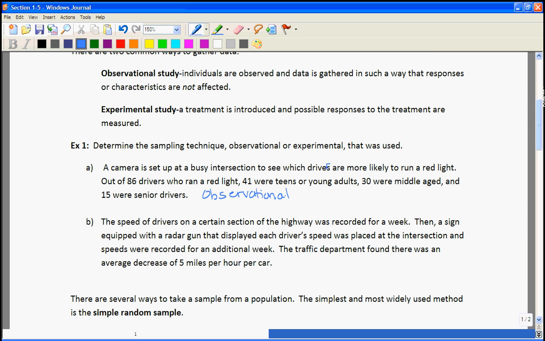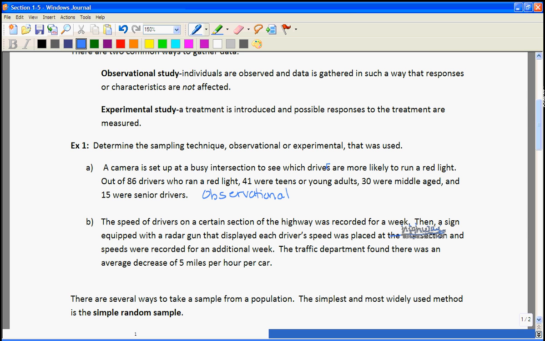Let's compare that to what happens in example B. The speed of drivers on a certain section of the highway was recorded for a week. Then a sign equipped with a radar gun that displayed each driver's speed was placed at the intersection. We should say it was placed on the highway. And speeds were recorded for an additional week. The traffic department found there was an average decrease of 5 miles per hour per car.